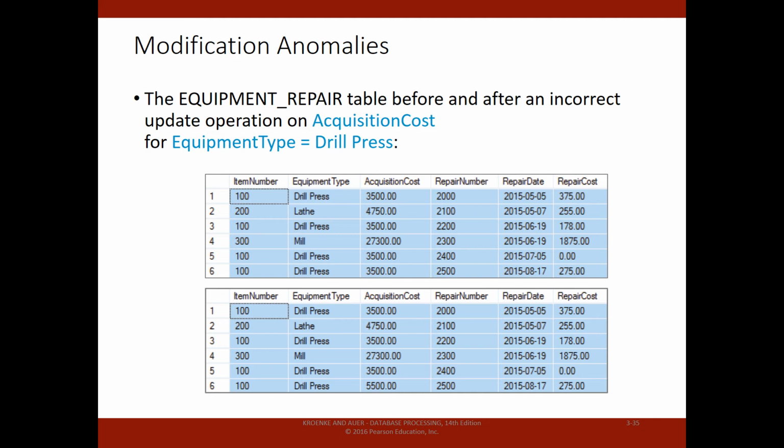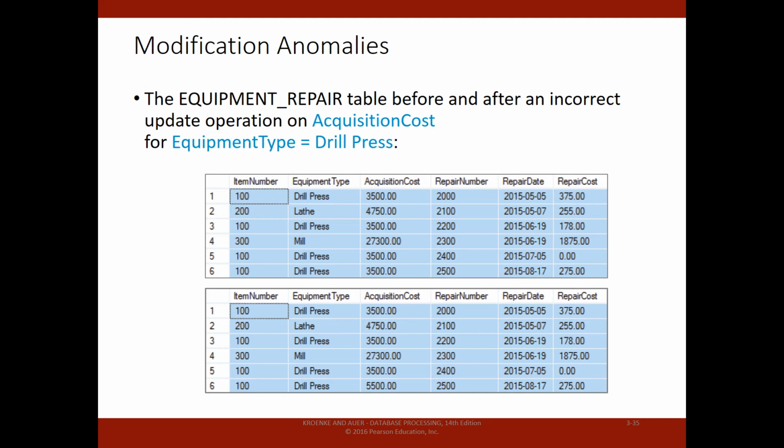It's the same thing with normalization. You can think about it that way. If you look at this table, there are exactly two themes: one about repairs, and one about the product or equipment. Does it make sense? Two themes. If we combine those two themes, then it's problematic.